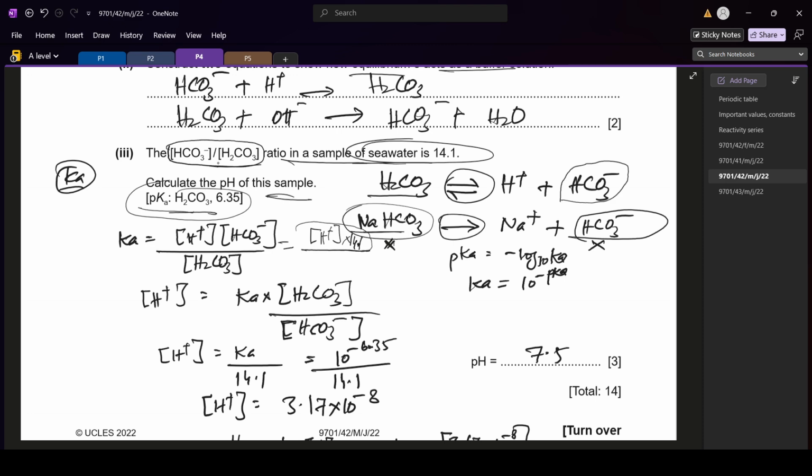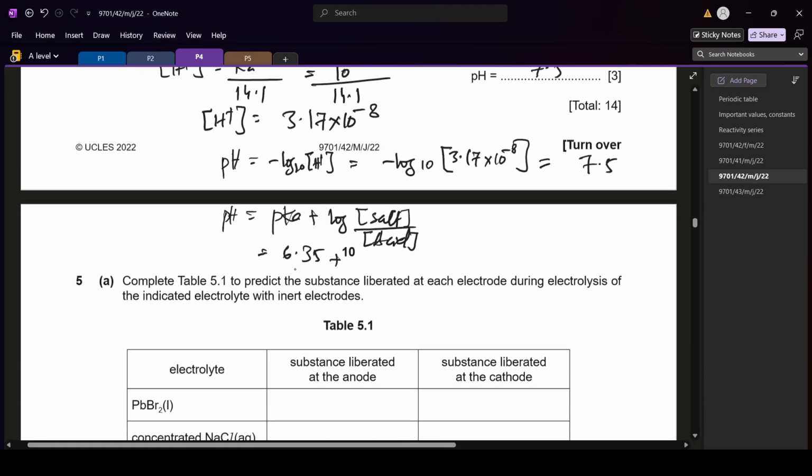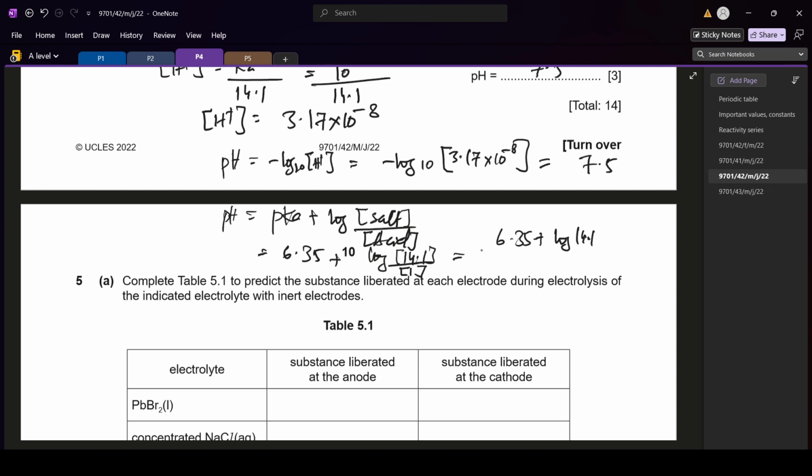The ratio of hydrogen carbonate to acid is 14.1, so this will be 6.35 plus log of 14.1 divided by 1, and from here the pH is going to be 7.5.